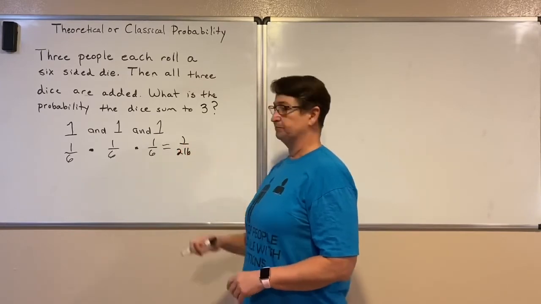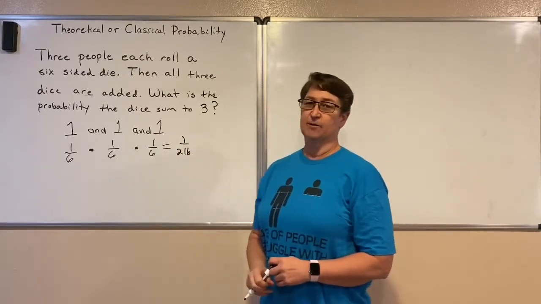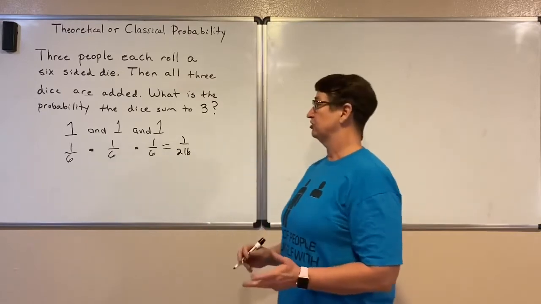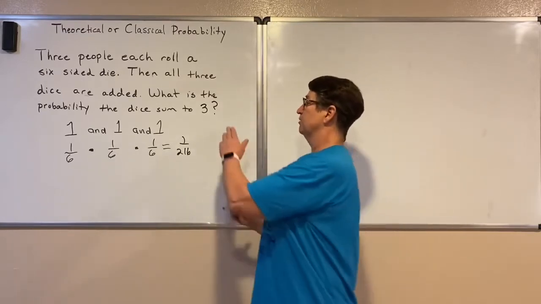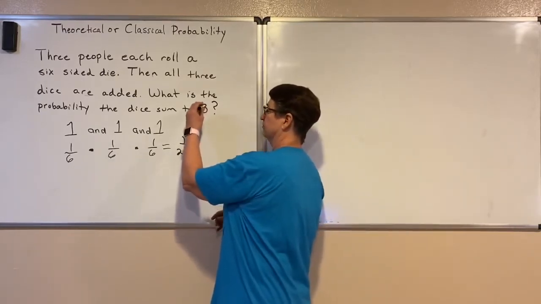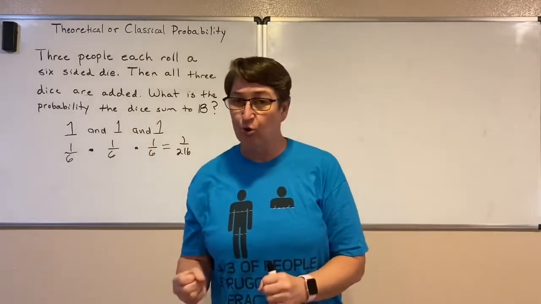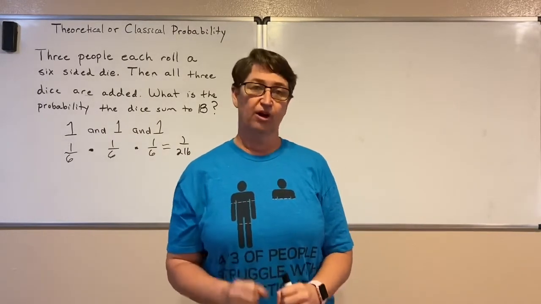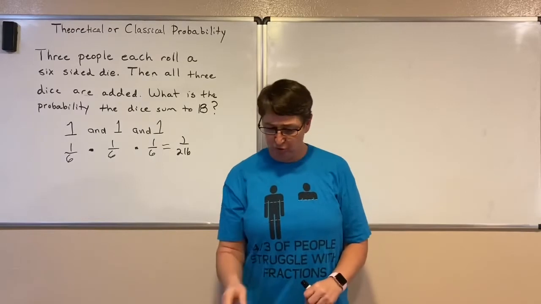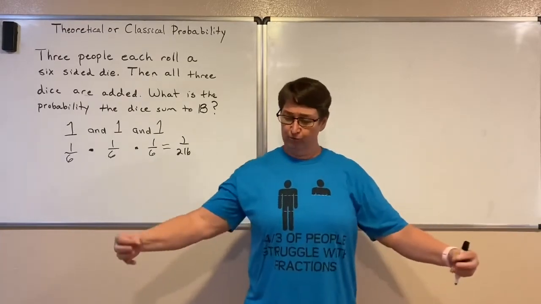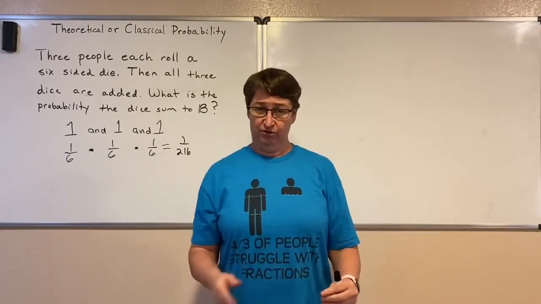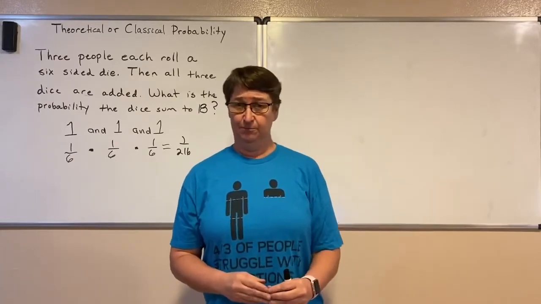Let's take that same idea and now let's just change our sum to be 18. Now again, what we have to do first is figure out how they could go about rolling a sum of 18. What would each person have to roll in order for, when they add them together, the sum to add up to be 18?